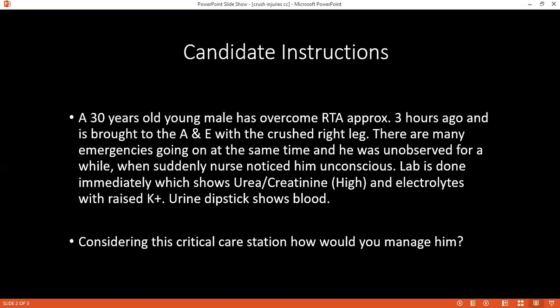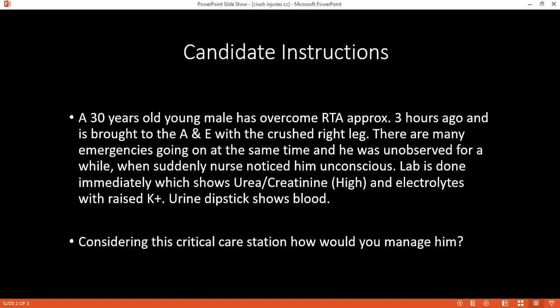Then I will search for any visible source of bleeding in the five areas: floor, long bone, chest, abdomen, and pelvis. At the same time, I will order FAST to detect any internal bleeding, put the patient on the monitor, and take a blood sample for full blood count, glucose, urea and electrolytes, and VBG.